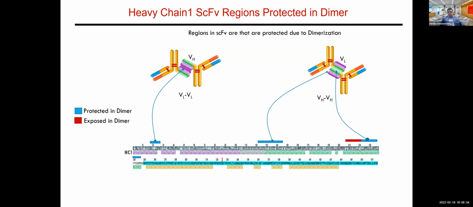You may note there are small patches of VL-VL, VH-VH, as well as linker-linker interactions taking place, where the dimer regions are protected, the oxidation is less compared to the monomer, and solvent accessibility is impaired in these regions due to direct interactions. You may note that there is also a certain region that is slightly red, which is deprotected in the dimer relative to monomer, which we believe is due to unfolding of this region due to allosteric effect.